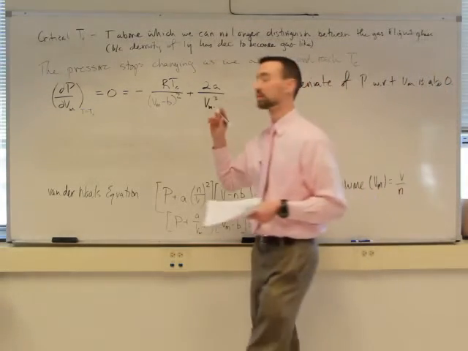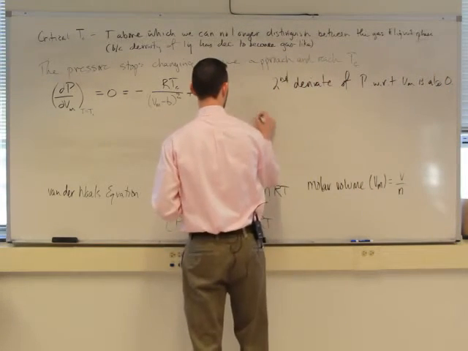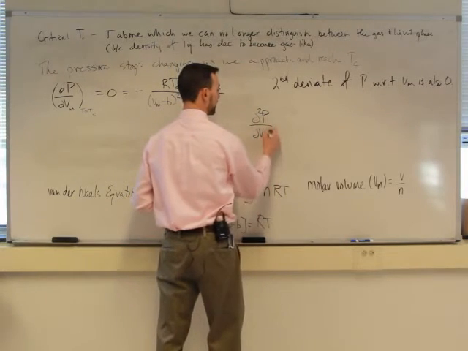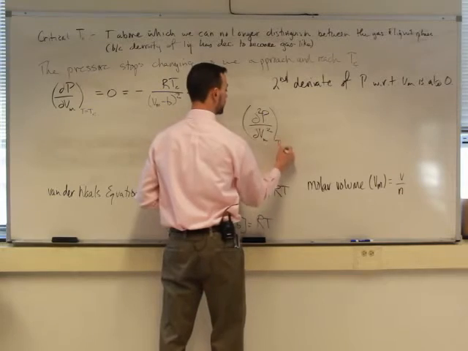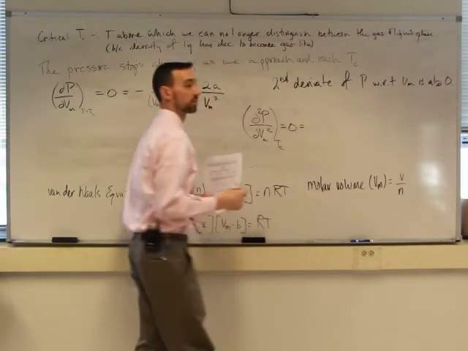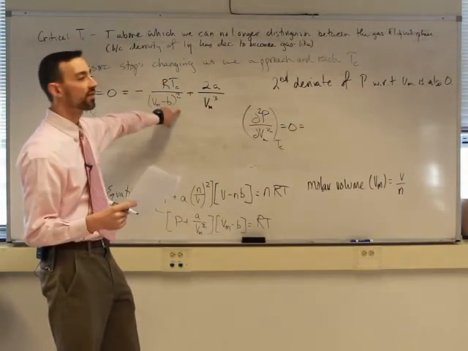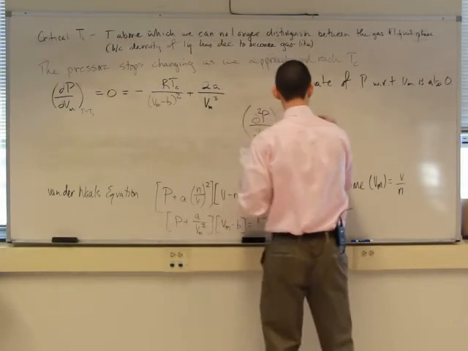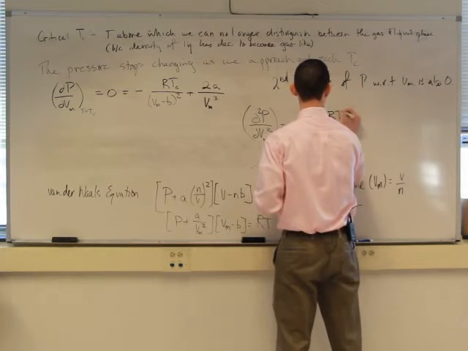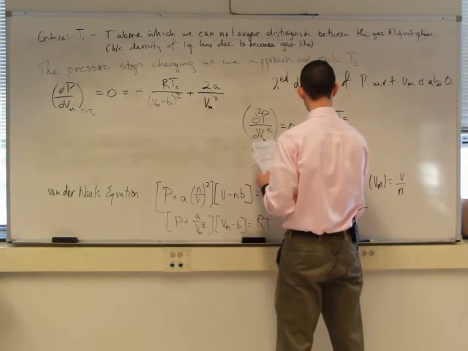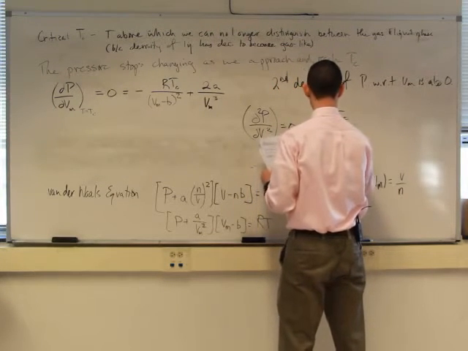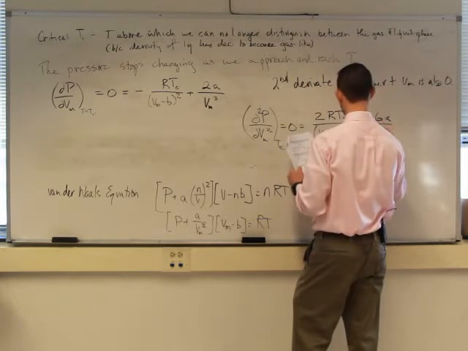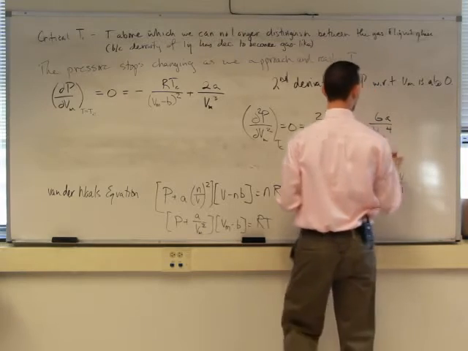So what we want to do is take the second derivative, delta squared pressure over dVm squared, at the critical temperature. This is equal to 0. So then the derivative of this expression that we started with or developed up here would be now 2RTC over Vm minus B cubed, minus 6A over Vm to the 4th.